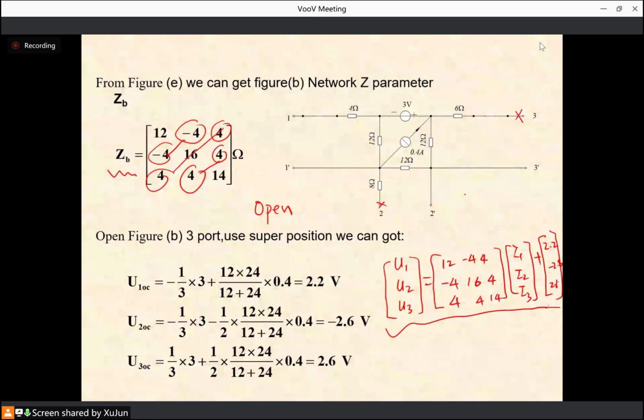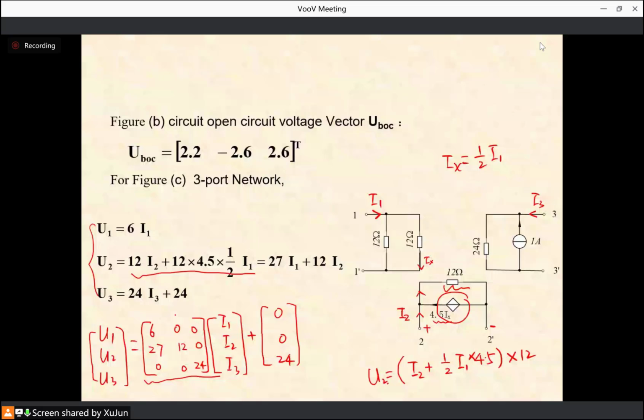For a network with no dependent source, the Z or Y parameter will be symmetry. If there are dependent sources inside, it will always be not symmetry.